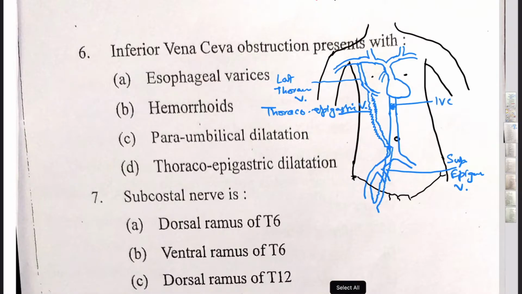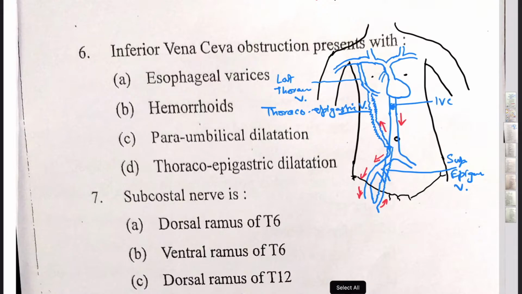Just keep following what I'm saying because there's less space. Now what will happen in inferior vena cava obstruction, blood will go back downwards from the IVC to the common iliac vein, to the external iliac vein, to the femoral vein, to the superficial epigastric vein.